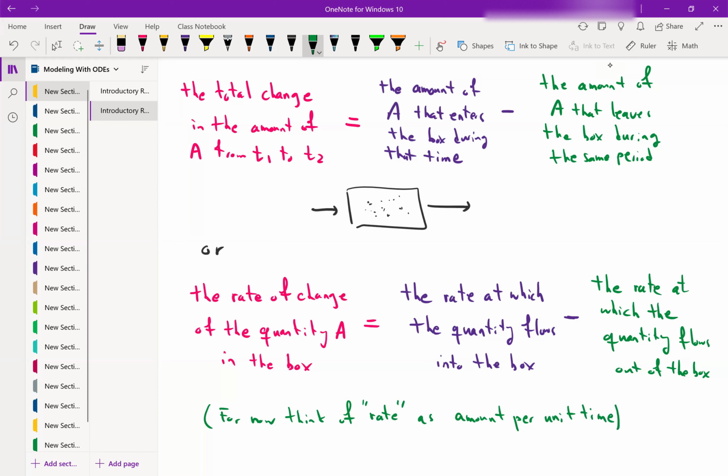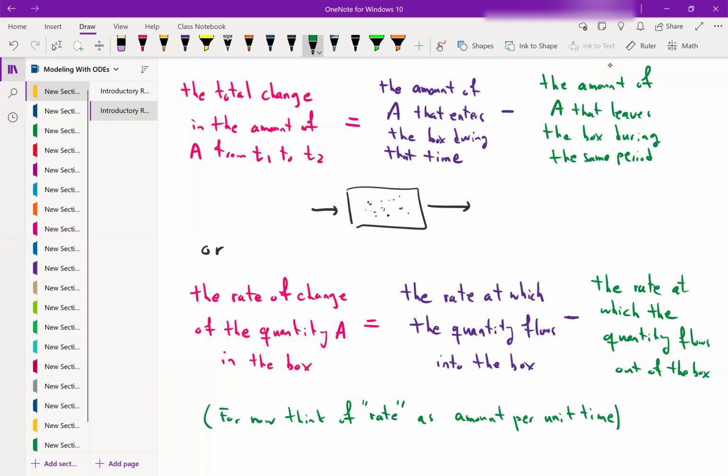And then what this conservation law is telling us is that the change in the quantity A per unit time is equal to the amount of quantity A that enters the box per unit time minus the amount of A that leaves the box per unit time.